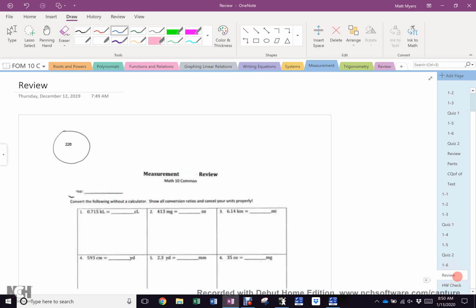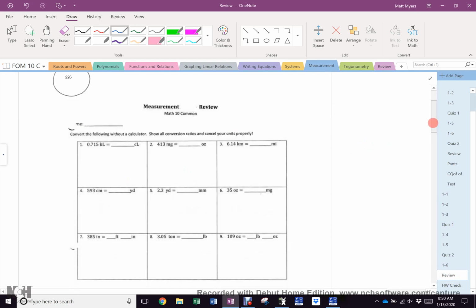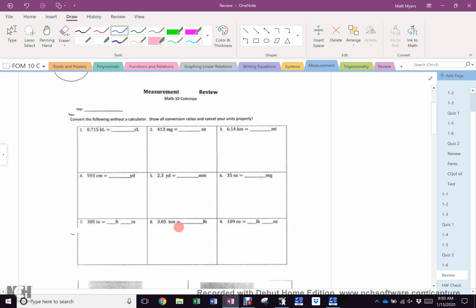Now, when you do that review, you will notice I have started with conversions here. You have to think, because not every one of these conversions is on your conversion sheet, right? If I wanted, for example, inches to millimeters, is that on your conversion sheet? No. What is? Inches to centimeters.